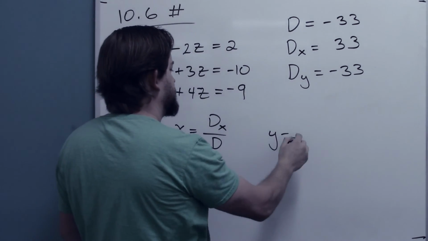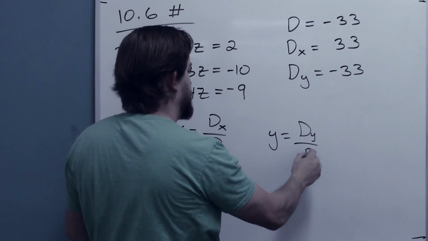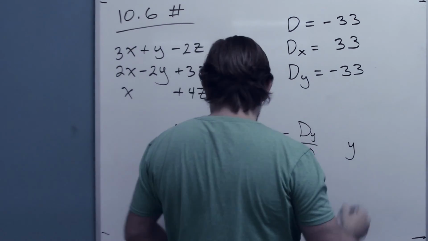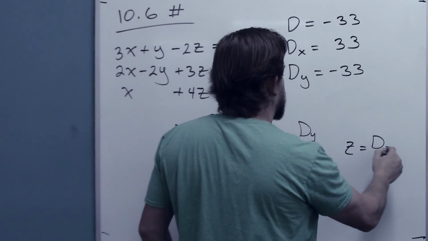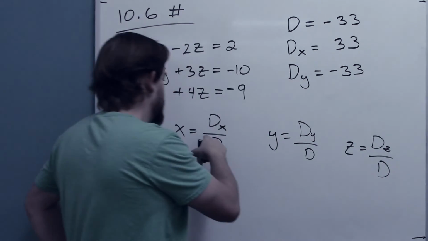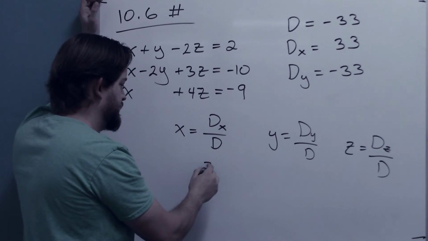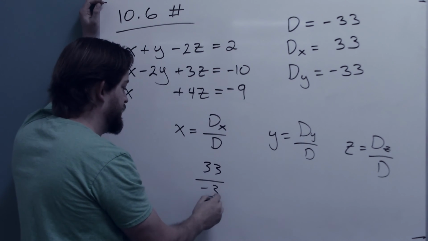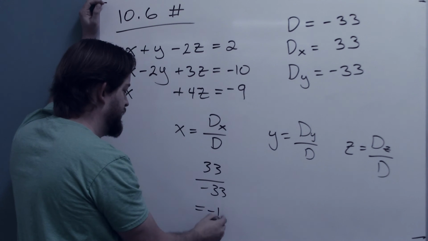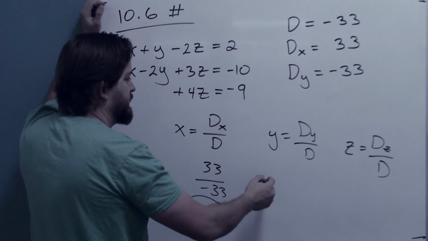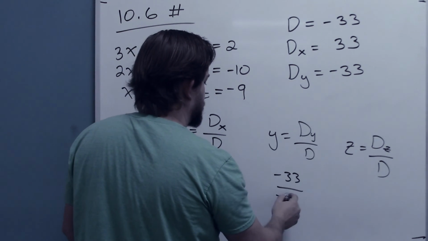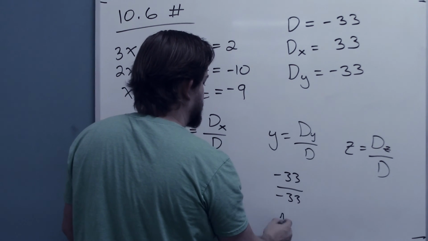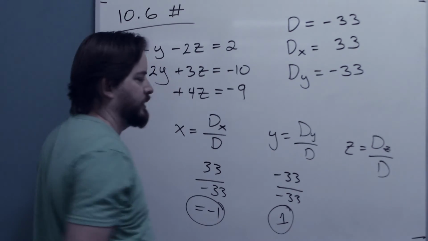And y is the dy divided by d, and similarly, I didn't do it, but z, it would be dz divided by d. But x then is 33 over negative 33, so that is negative 1. Y is dy, which was negative 33, divided by d, which was also negative 33, so that's positive 1. And then whatever z ends up being.